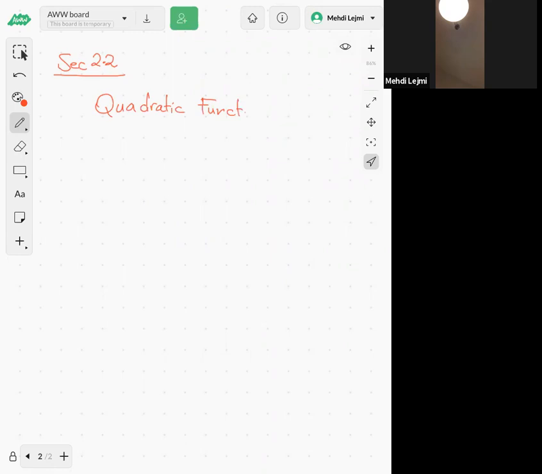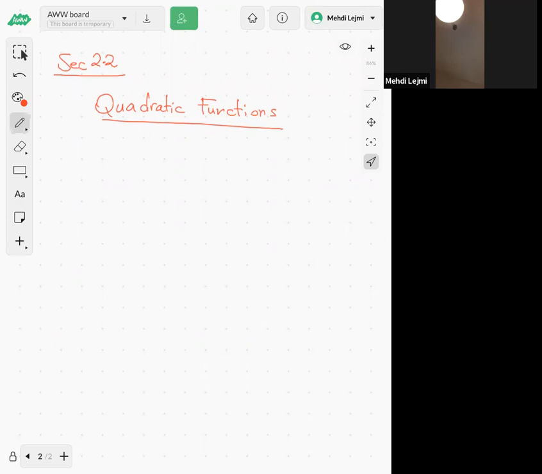The goal of this section is to graph, as I told you guys, this course is all about graphing functions, right? So in this chapter 2, we're gonna see how to graph quadratic functions, polynomial functions, rational functions, etc. In chapter 3, we're gonna see how to graph exponential and logarithmic functions. And in chapter 4, we're gonna see how to graph trig functions. So it's all about graphing.